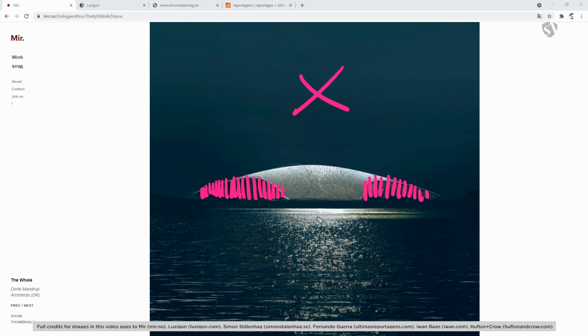And also, as you can see, there is a nice difference between vertical lines and horizontal lines here. And this is part of the play. This is part of the game. This is a way to attract you and to not get you bored by the image.